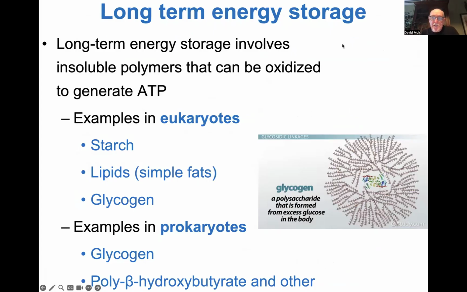In eukaryotes, those long-term storage components are usually either carbohydrates, such as starch and glycogen, or the lipids and fats. So as I showed you originally, the sugars, starch, glycogen, these are polymers made of sugar units.